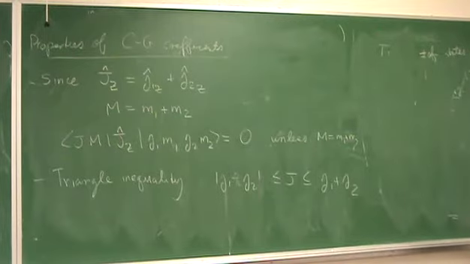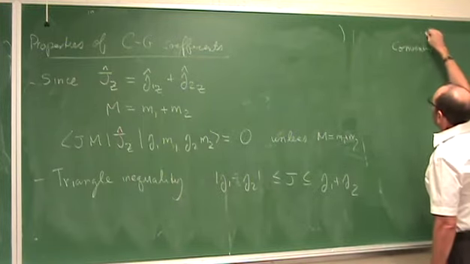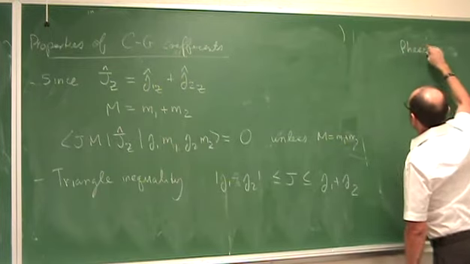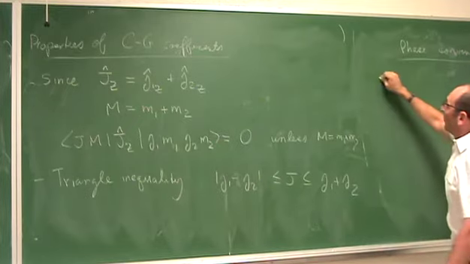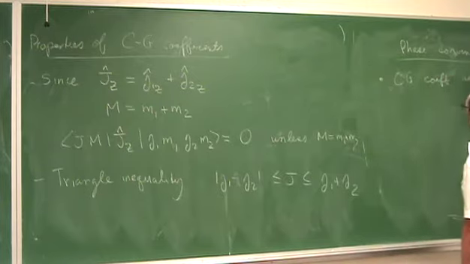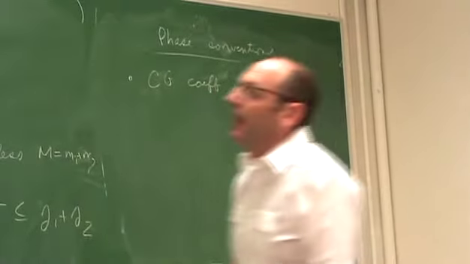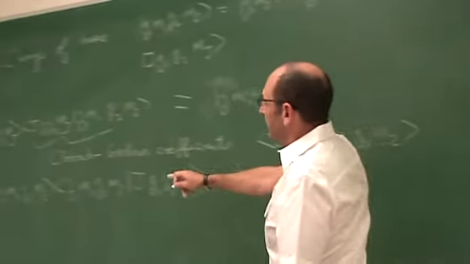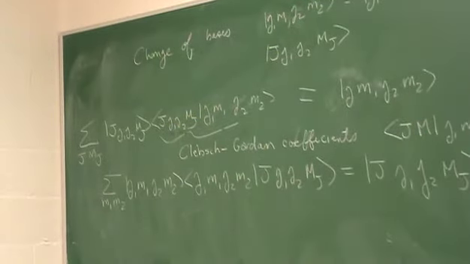There are some other properties that have to do with conventions. They're phase conventions. One, the CG coefficients are real. So that means that in these two different expressions, this is equal to its conjugate. Doesn't matter which order you're in, they're chosen to be real.